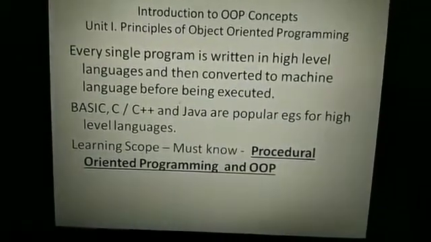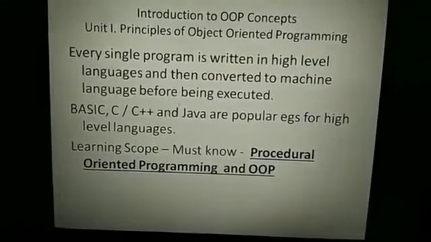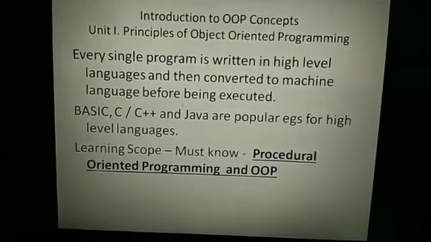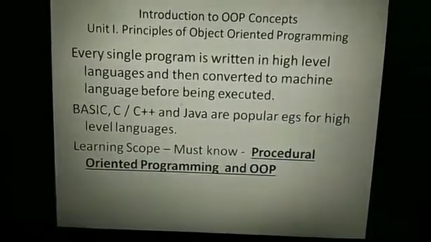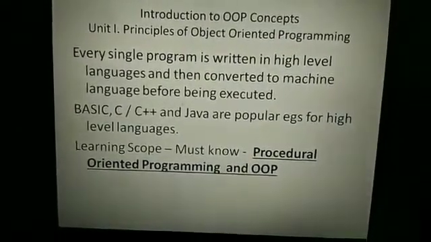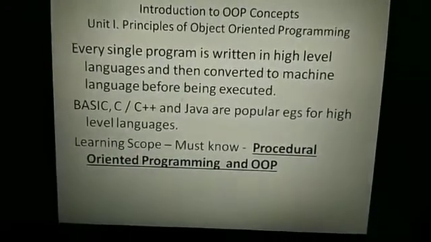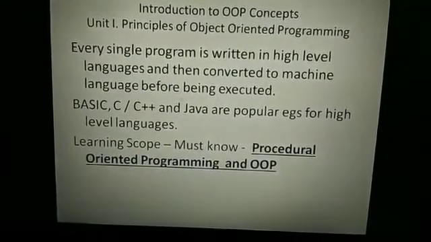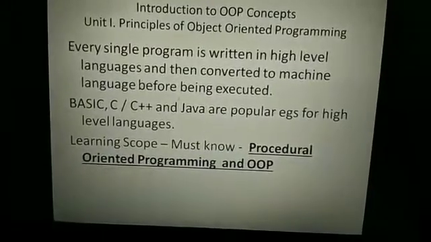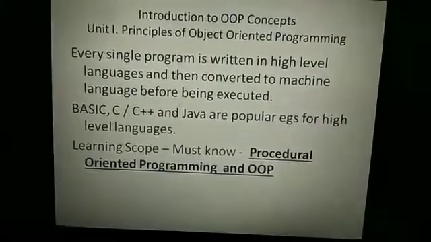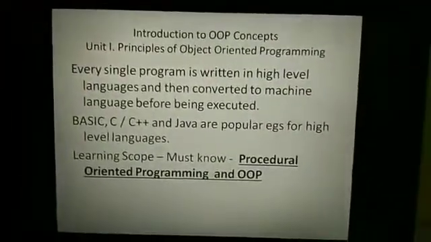Your low level language had certain limitations, so high level language was developed. The high level language was further classified into procedural oriented programming language and object oriented programming language. So the next slide, just look into.